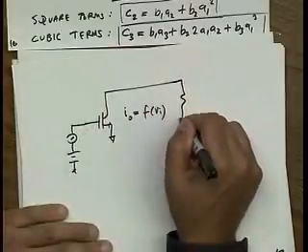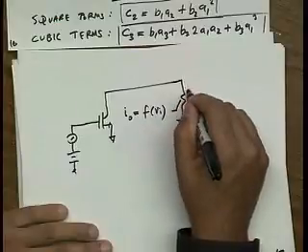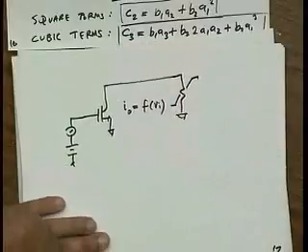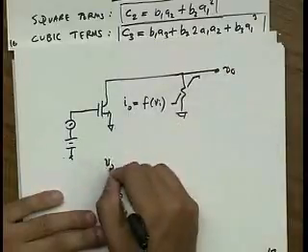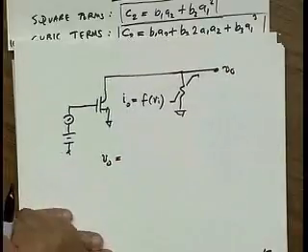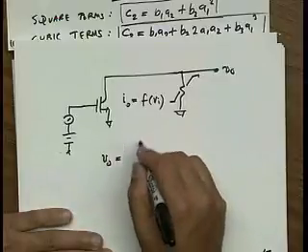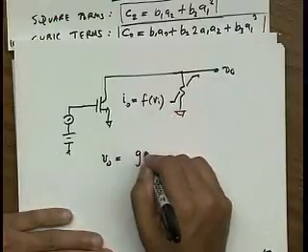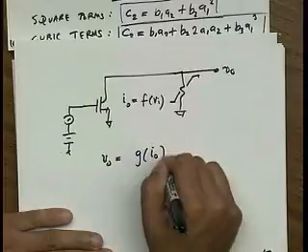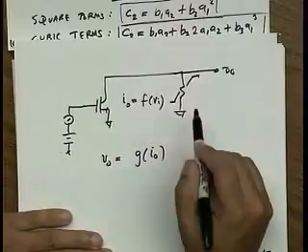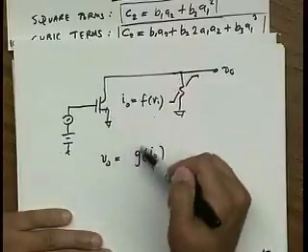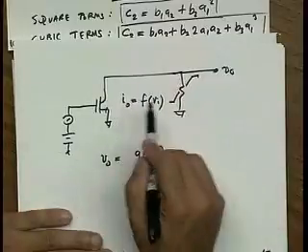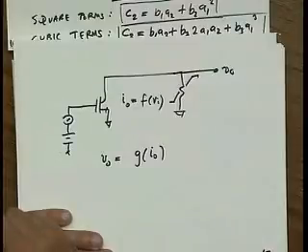And let's assume that this current flows into a nonlinear resistor, right? And I'm interested in V out. So V out is basically some nonlinear function of I out. If I have a Taylor series expansion of this and a Taylor series expansion of this, you can see that effectively this current gets multiplied by a nonlinear resistor, and it's basically a cascade.